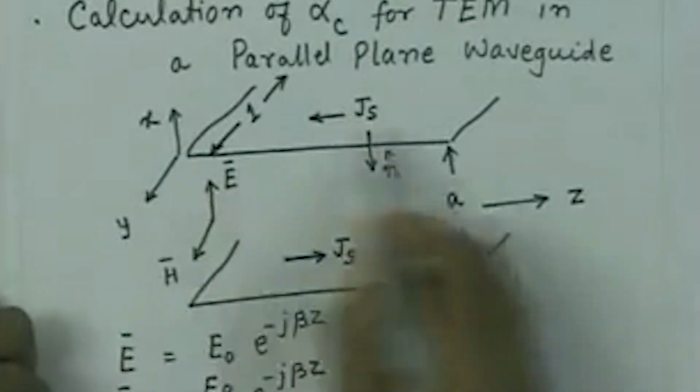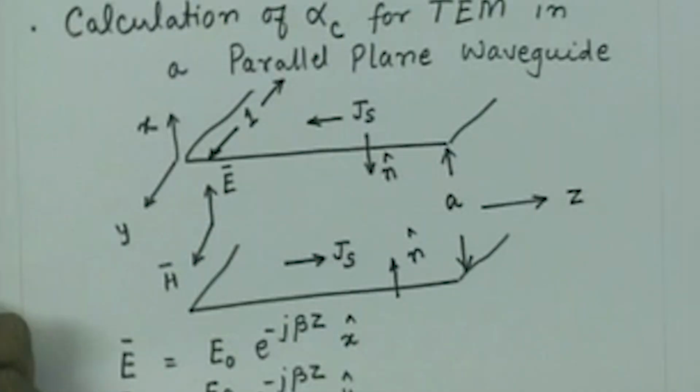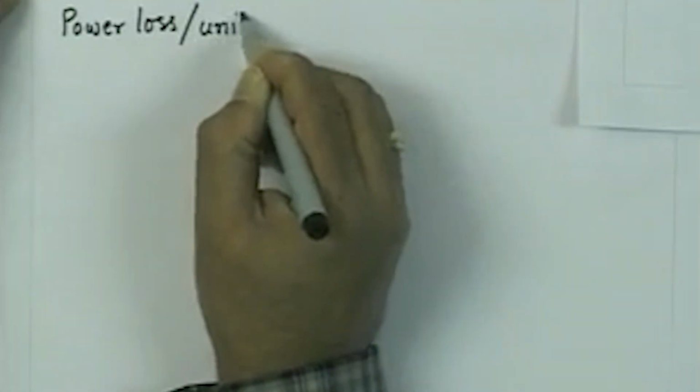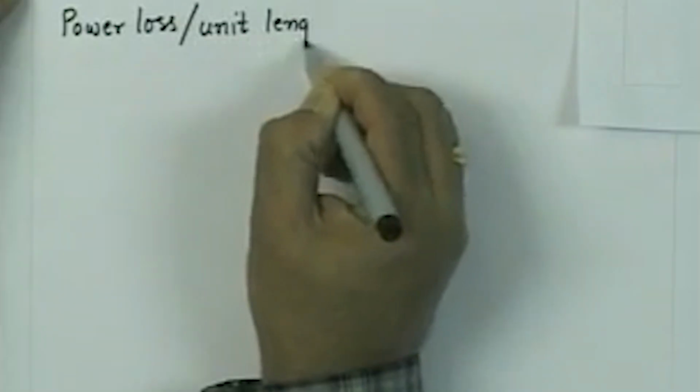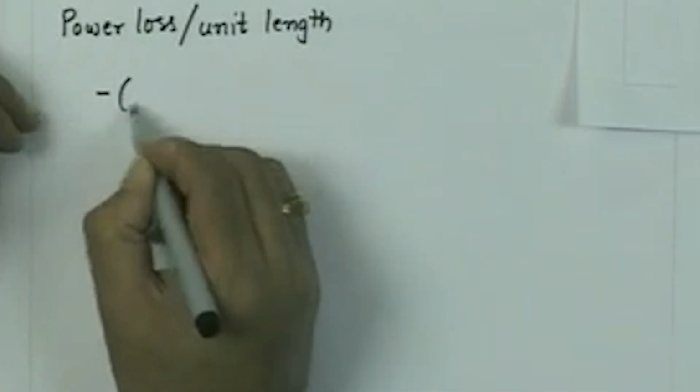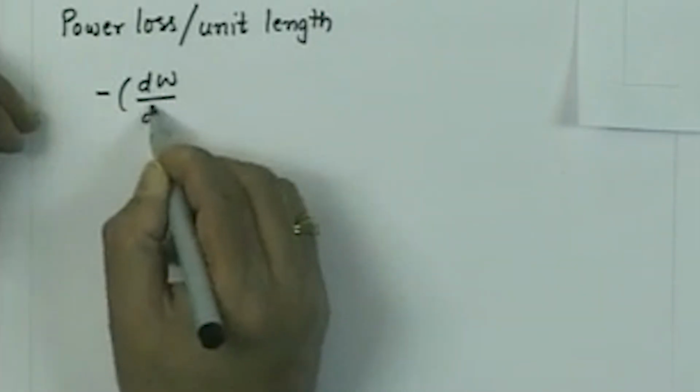So, the power loss in this wall, we get here power loss per unit length, which is equal to minus dW by dz.